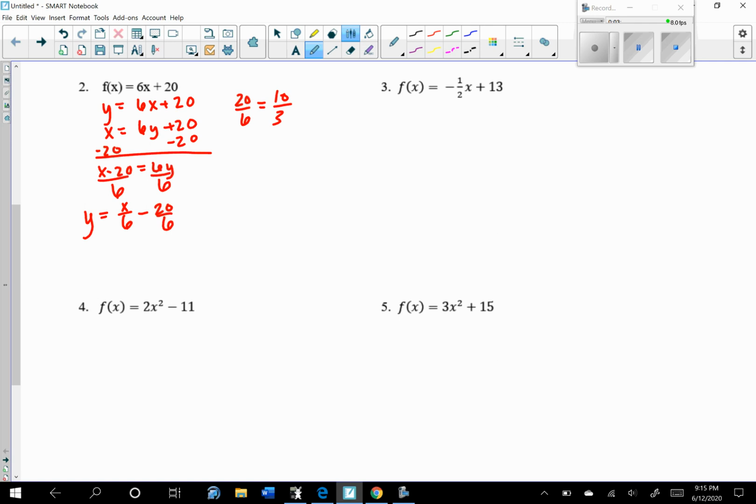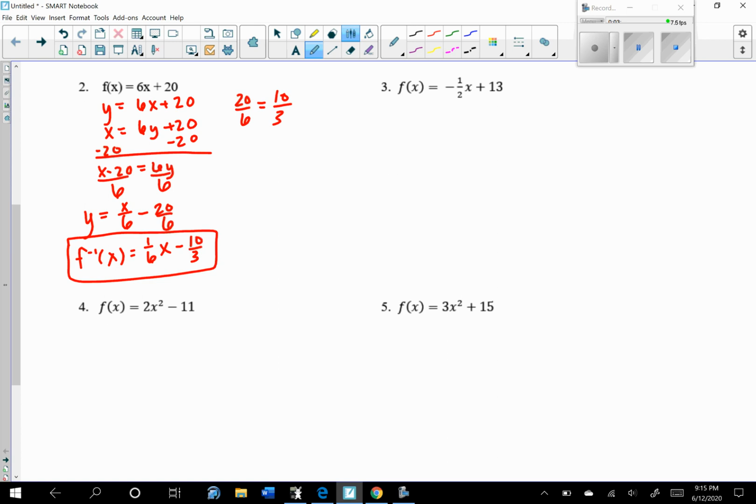So we're going to leave our number as an improper fraction here. We can now write this as f inverse of x is equal to x over 6, or 1/6 x, minus 10/3. Please do not write decimals as your answers. Always leave it in fraction form, reduced fraction form.